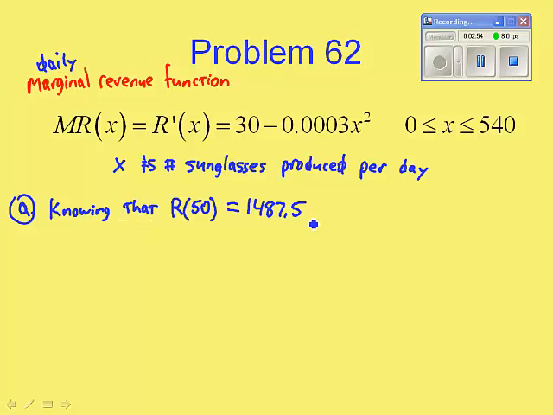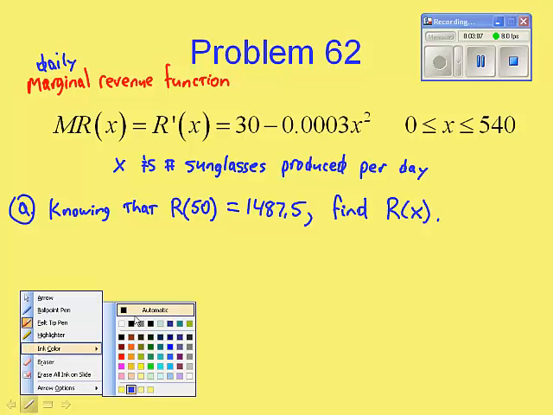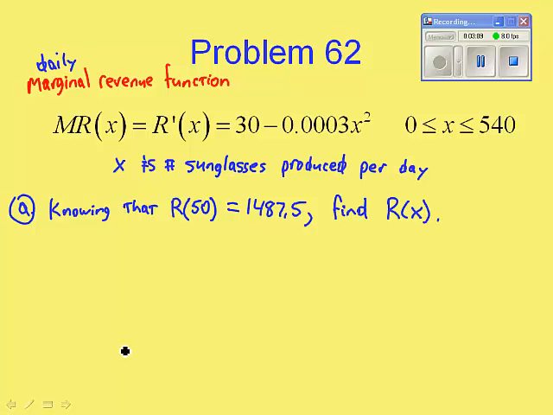So if we know that, it says, find the revenue function, which I'm going to call R of x. All right, so how do I do that? Well, this is R prime, right? So what I want to do, R of x is going to be the antiderivative of MR of x dx.